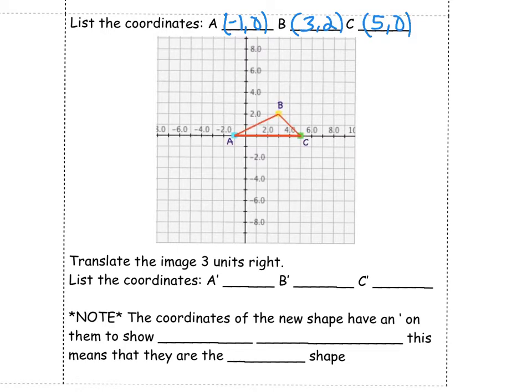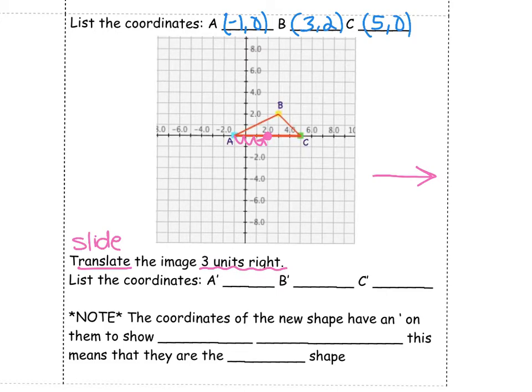What they want us to do is translate, so slide the image 3 units right. So 3 units right is going to take our triangle and move it that direction. So A has to move 3 units over and it will land here.